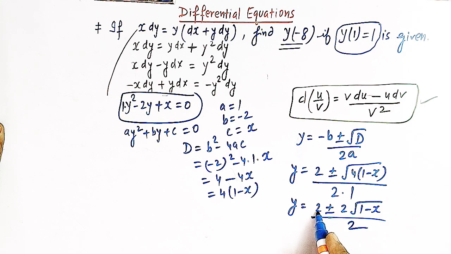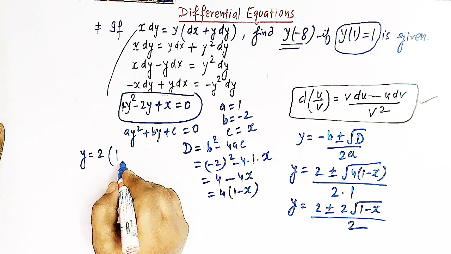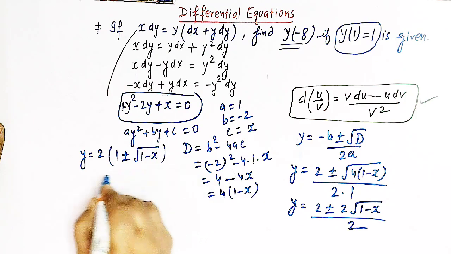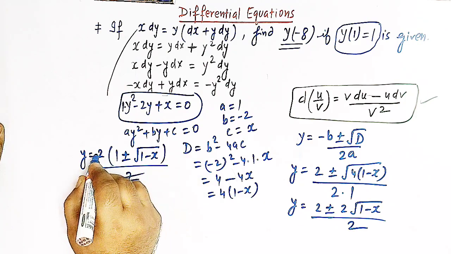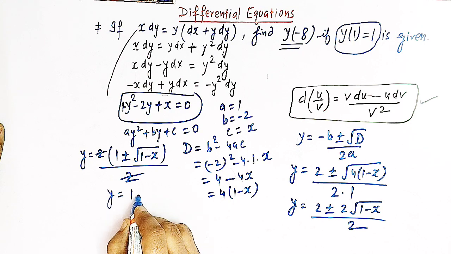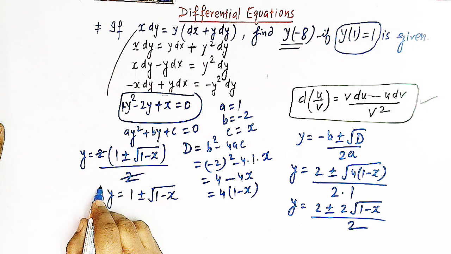Now taking 2 common here, we can write 2 times (1 plus minus square root of 1 minus x) over 2. So 2 and 2 get cancelled, so we are left with y is equal to 1 plus minus square root of 1 minus x.